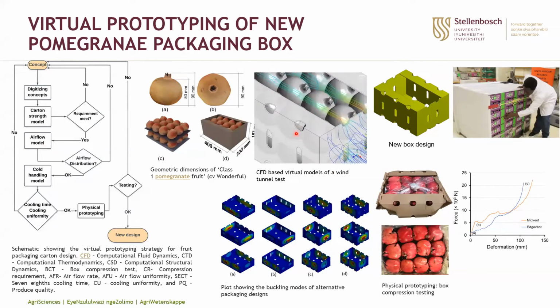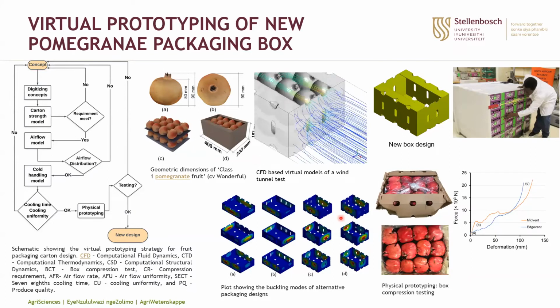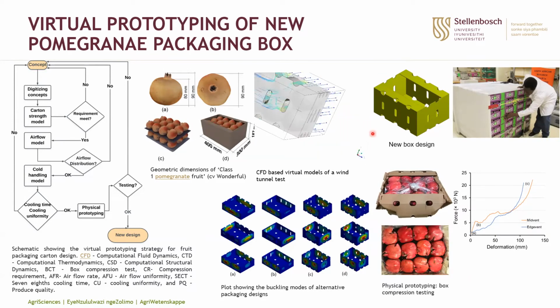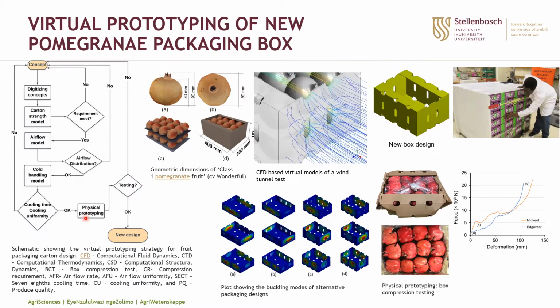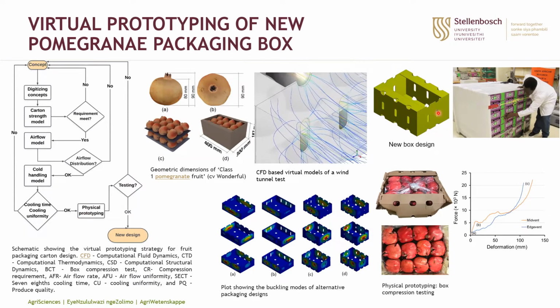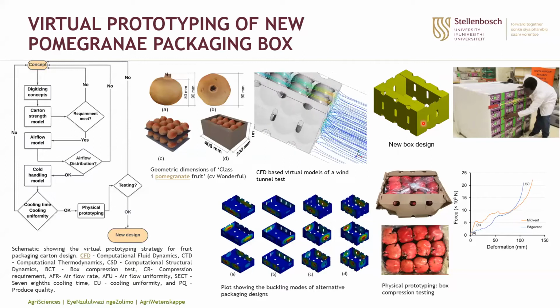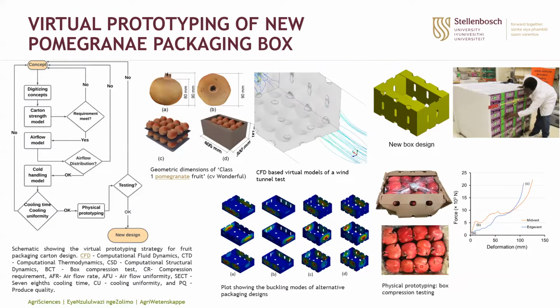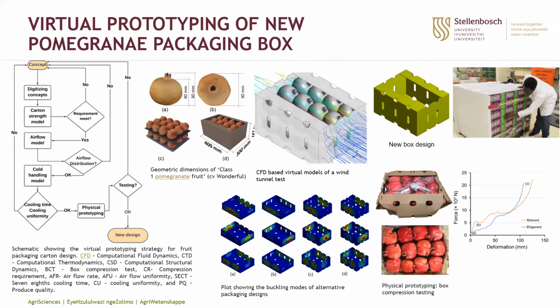Finally, based on this virtual comparison of the alternatives, we come up with a winning design, as you see here. And then we go to physical prototyping first. We manufacture 2-3 boxes and do in-house testing of its strength until your fruit is totally damaged, as you see here, and that is quantified.